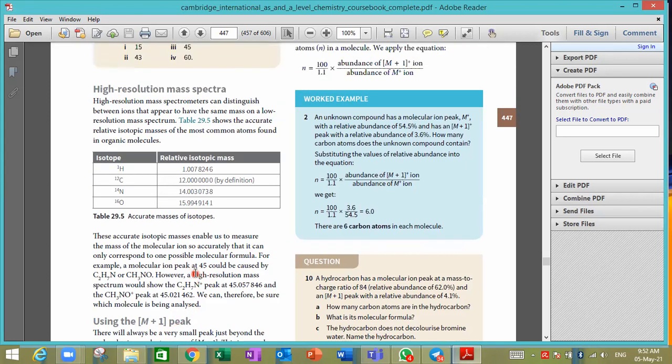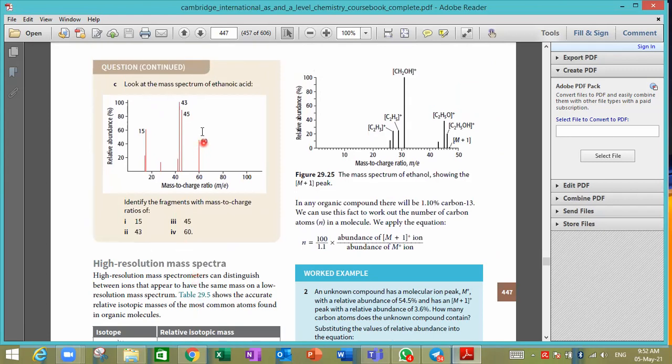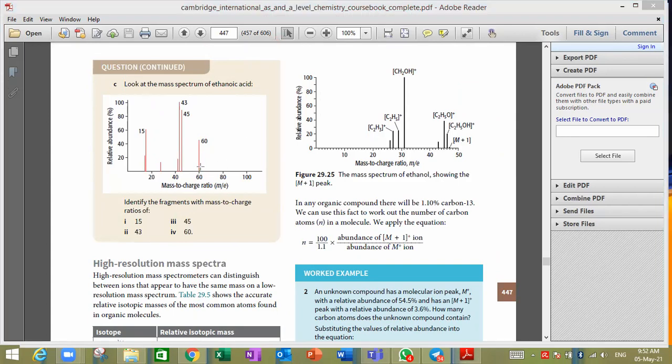Sometimes on our mass spectrometer, after our molecular ion peak is obtained, we find a very small peak just one unit after it. If our molecular mass is 60, we find a peak at 61. We call it the M+1 peak.